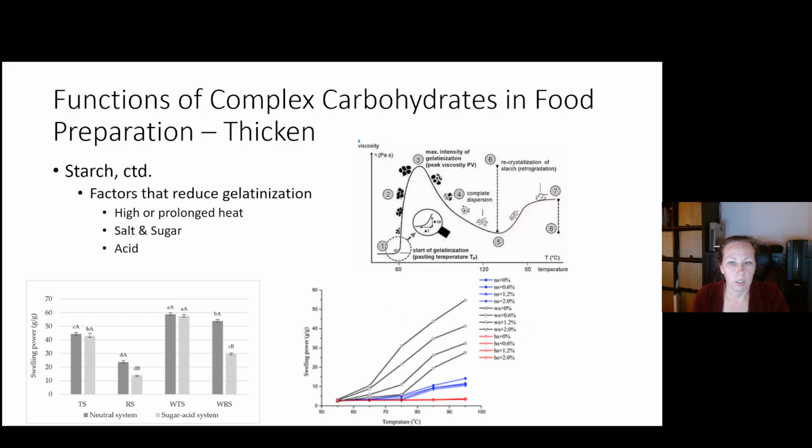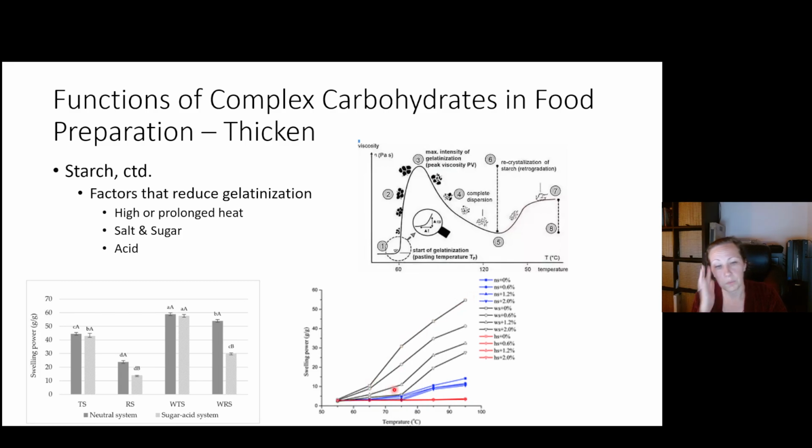And then adding salt, right? So let's look at this waxy starch because it's the easiest to see, and these are going to follow the same pattern, but they're just closer together. The one with 2% salt is the lowest swelling power, and the one with 0% salt is the highest swelling power.